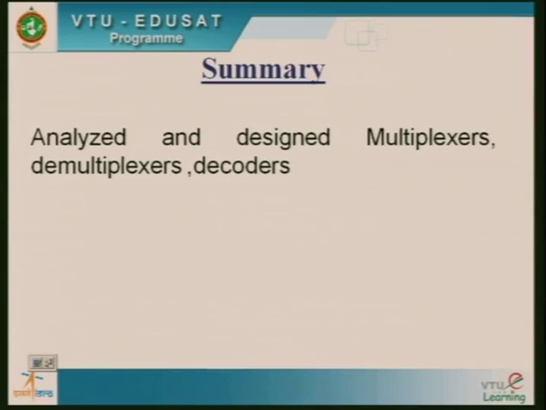Let us summarize what we have discussed and analyzed in this session. In the previous session we discussed multiplexer. I continued in this session with how to design higher order muxes using lower order multiplexers. Then we discussed the operation of demultiplexers, how to design them, and the different ICs available.